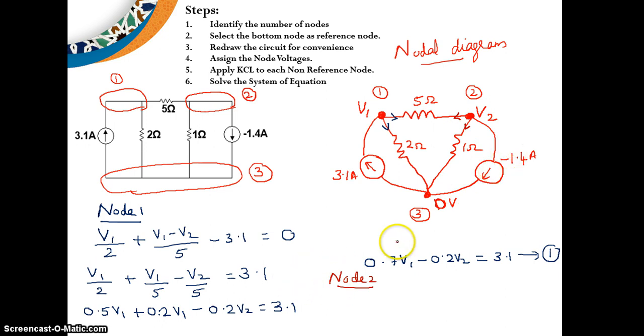So for node 2, V2 by 1 plus V2 minus V1 by 5, since this current is in this direction. This current is also leaving, so minus 1.4 equals 0.